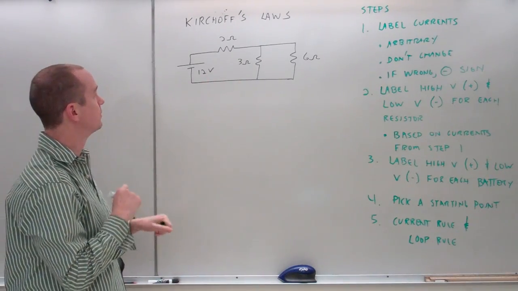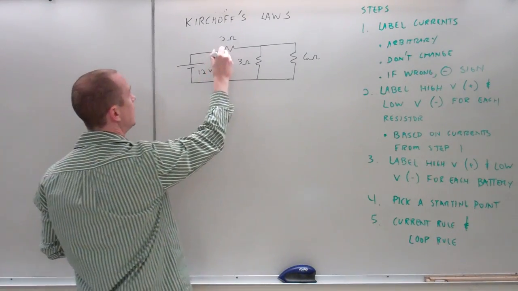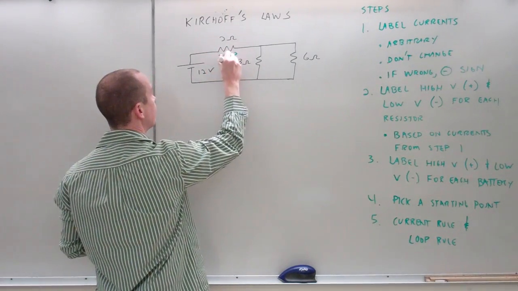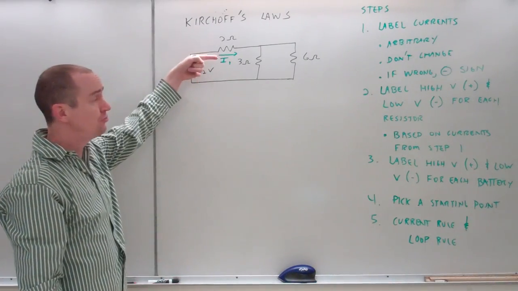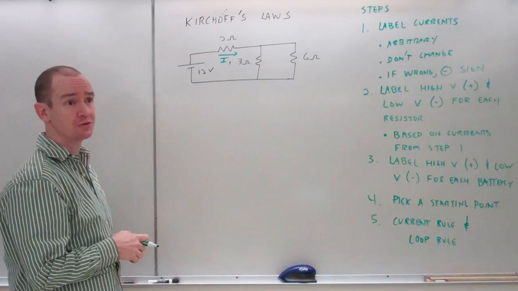First, I need to label my currents. Well, this is the current coming out of the battery. I'll label this I1. I choose this direction because, intuitively, it seems like that's going to be the direction it goes.